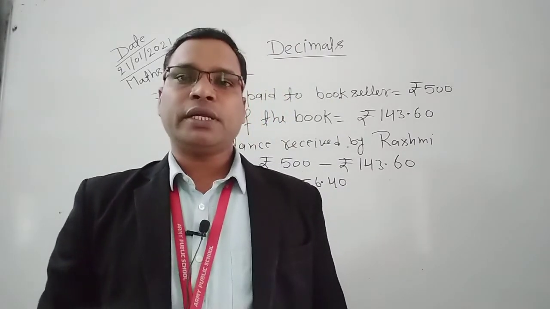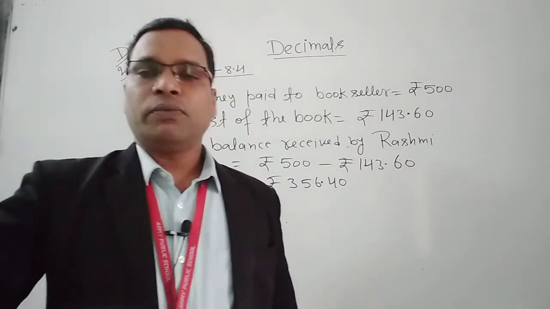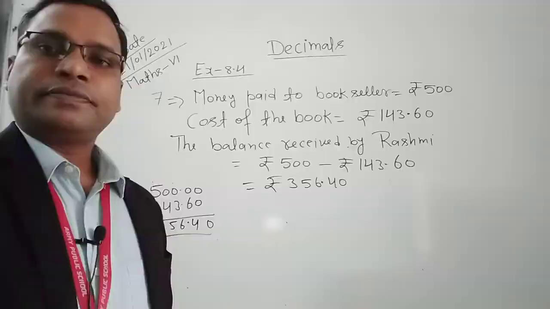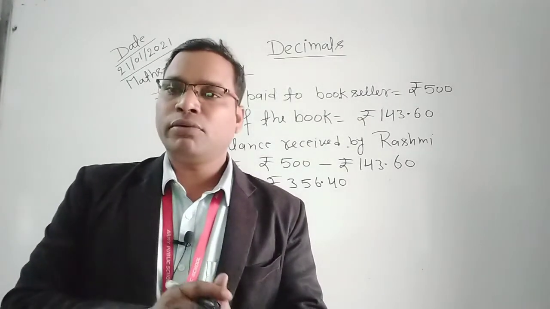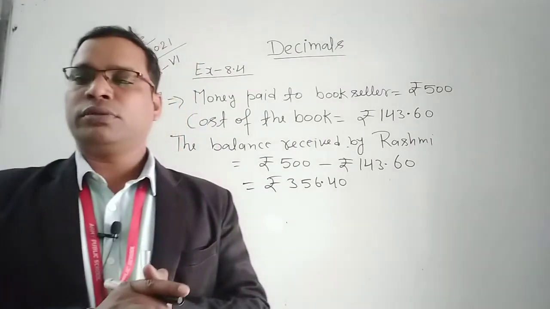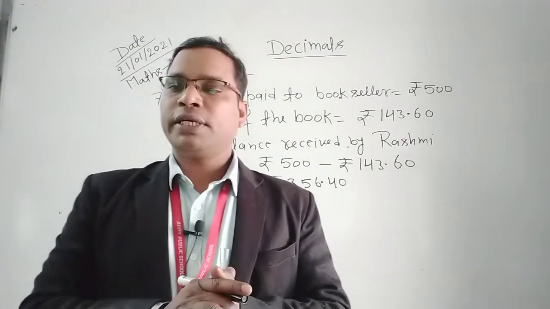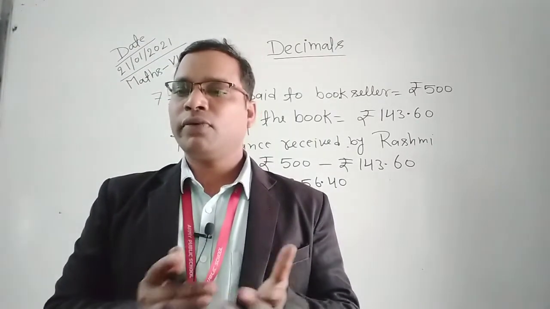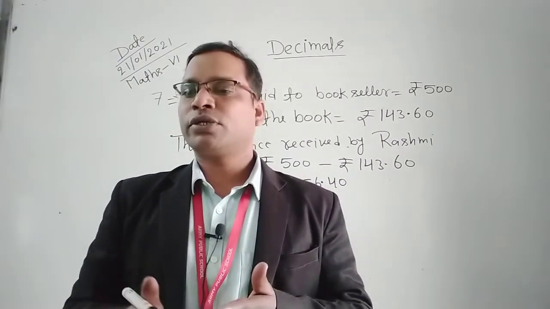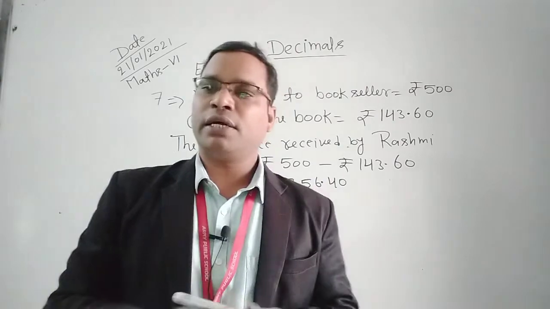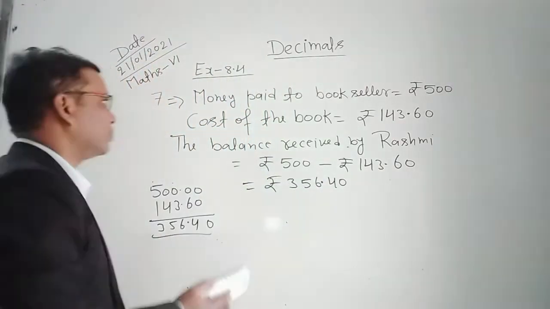What is the total weight of vegetables? So first you add the weight of onion and tomato. What is the weight of onion? 3 kg 500 grams. So this is equal to 3.5 kg. So let's see how to solve this question.